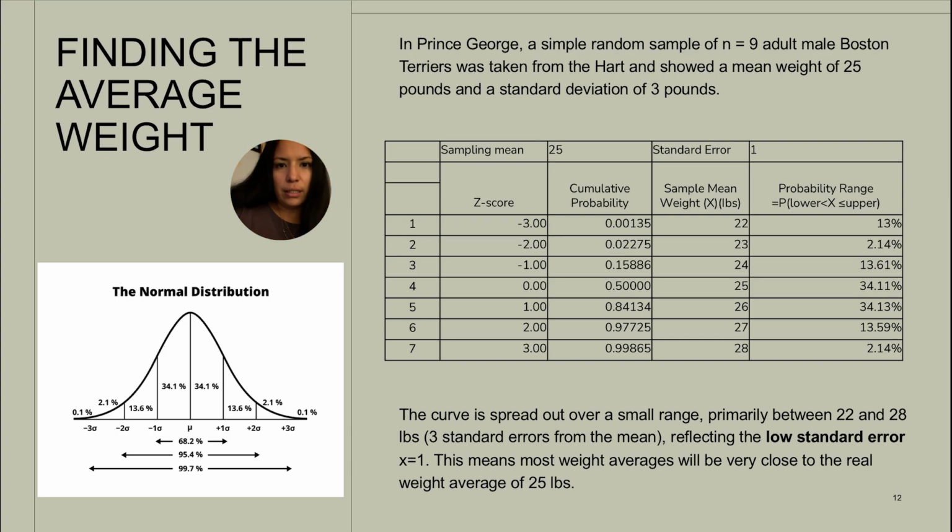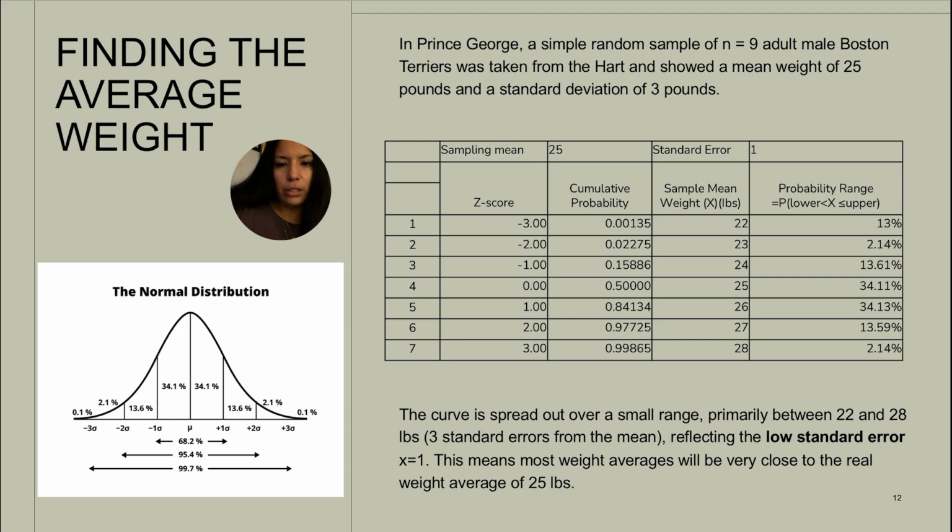To get the Z scores, you would have to subtract 25 from 22, and go down the list, and then you get your Z scores, which you will have to look up the probabilities for on the Z score tables.